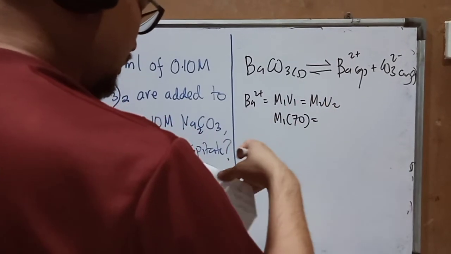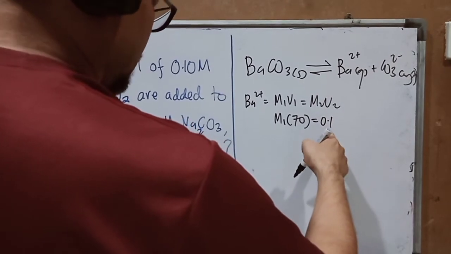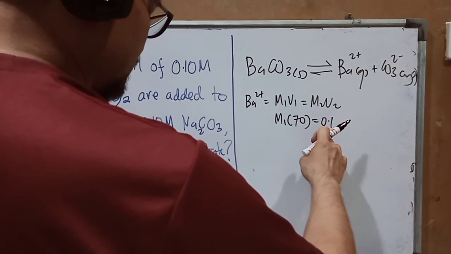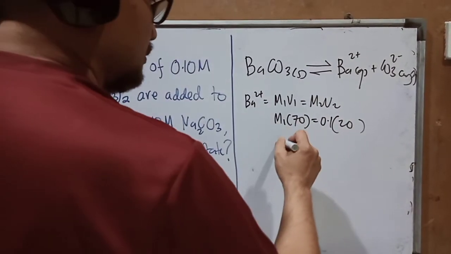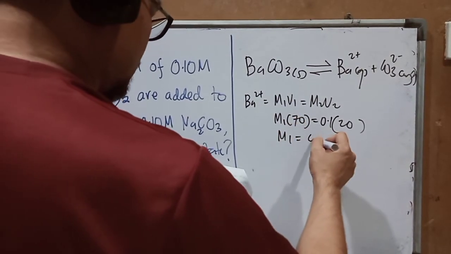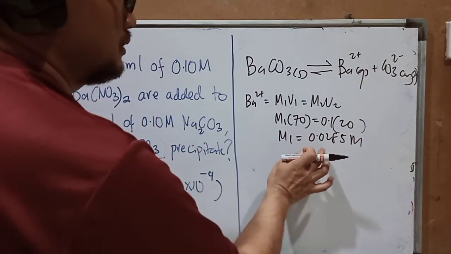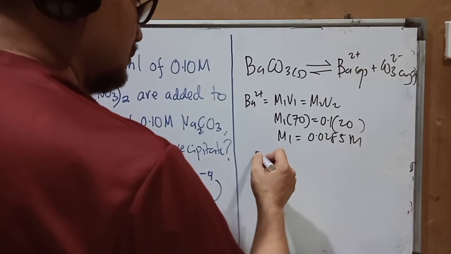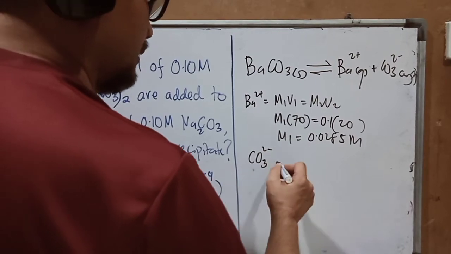And M1 is the concentration of Ba2+ before they mix, and the volume is 20. So now we know the new concentration, 0.0285 molar. This is the new concentration of barium ion.